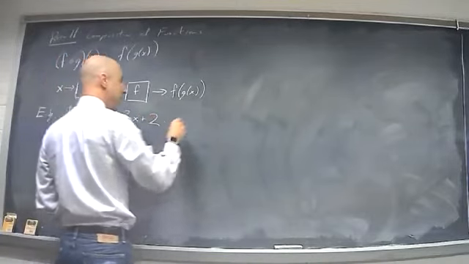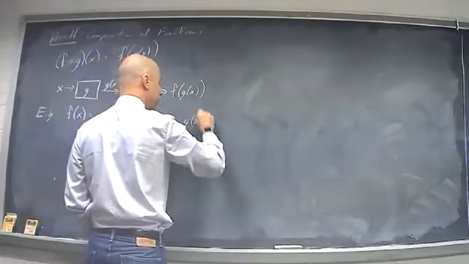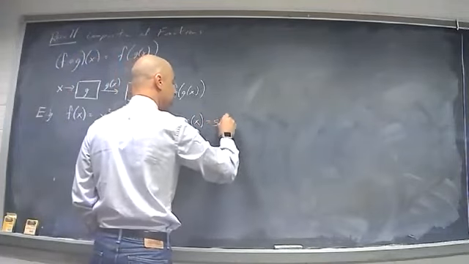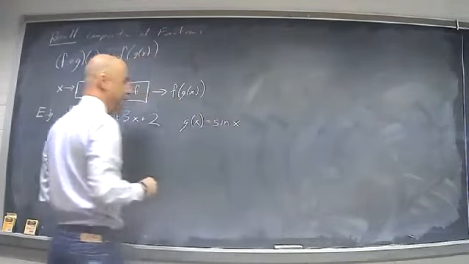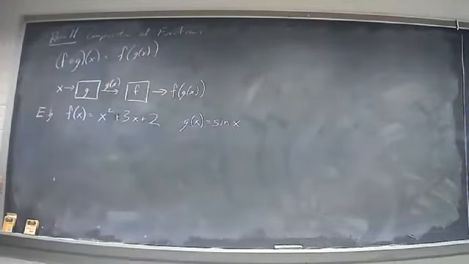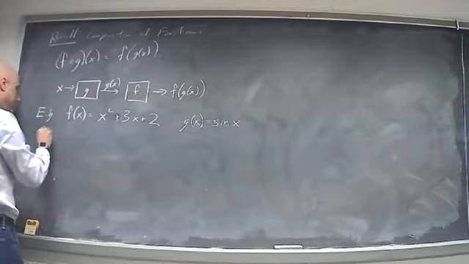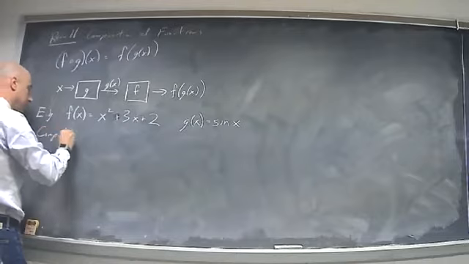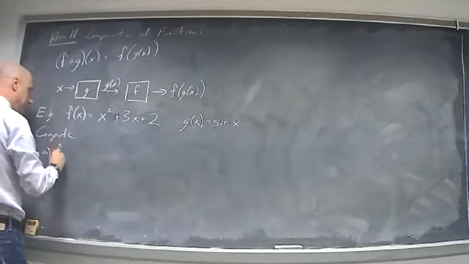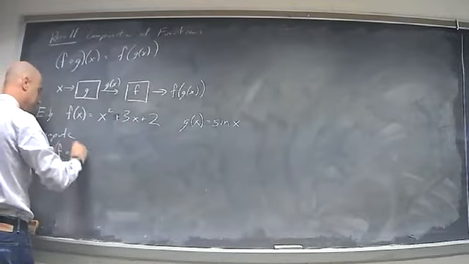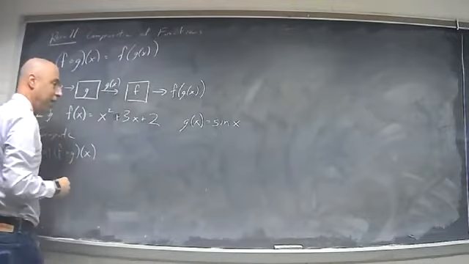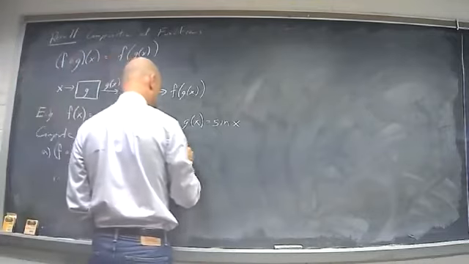And let's say that g of x equals sine x. Just as an example. So let's compute both f composed with g of x and also g composed with f of x.